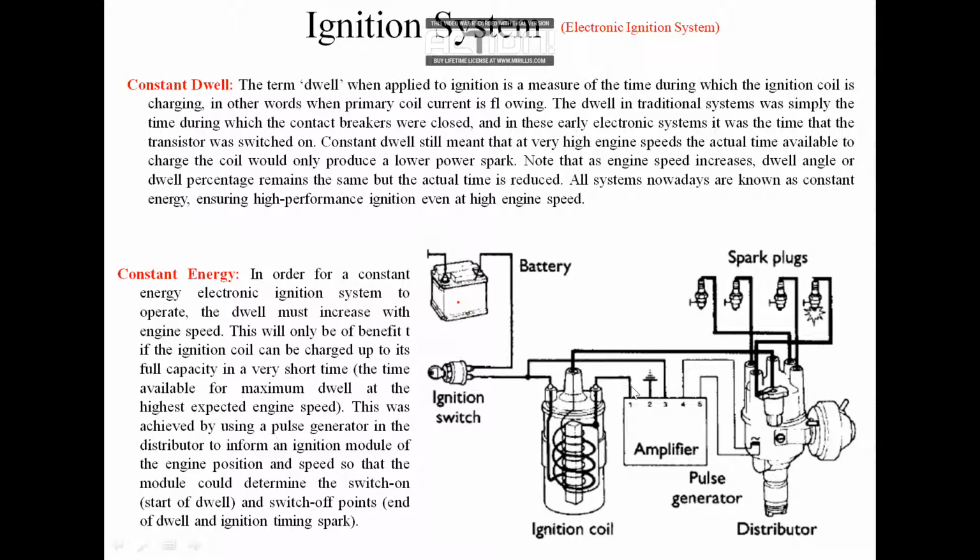In the case of the conventional battery ignition system, if you notice, this wire does not enter an amplifier. There was no unit like an amplifier or ECU. Here we can see that an ECU or amplifier is present. In the conventional system this wire was entering the distributor, continuing with the capacitor and earth to the vehicle body, and a contact breaker was connected in parallel to that capacitor.